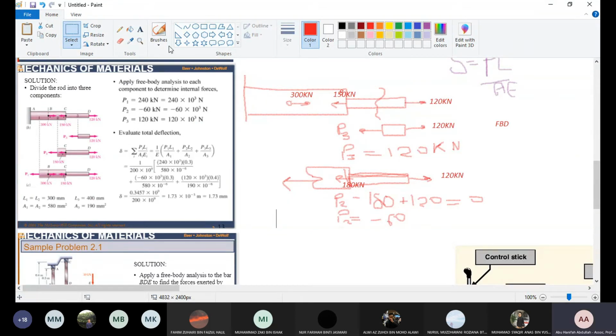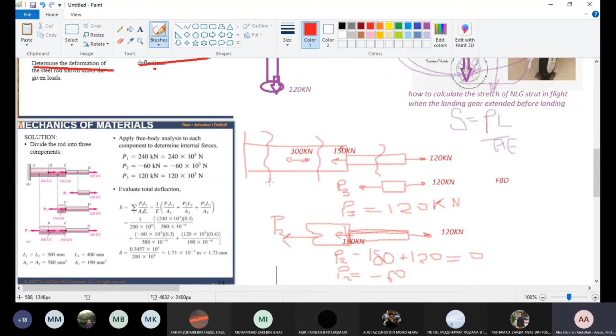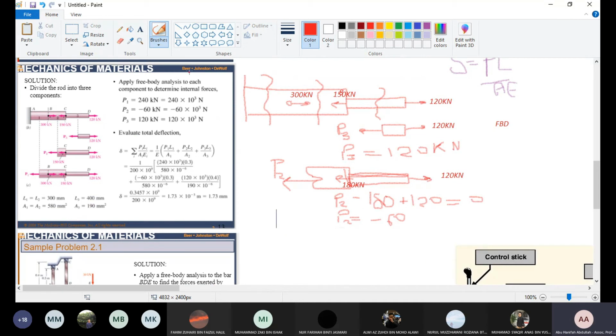This is P2, the P2 we cut here. Remember, add load. Component add load application point. So load application point 150, 180, cut here. Another load application point here, 300. So you have another cut here.